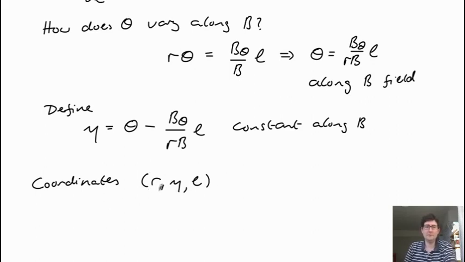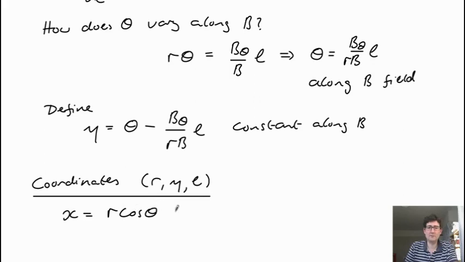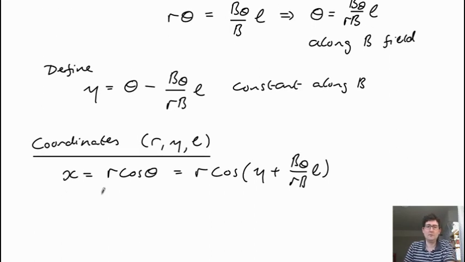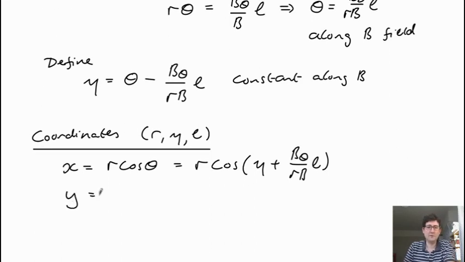And now this has a tangent vector which is along the magnetic field. We can show this by writing down what the coordinates are. The x coordinate, which is R cos theta, we can write with theta substituted: R cos of eta plus this B theta over R B times L. Same, we can write down the y coordinate.